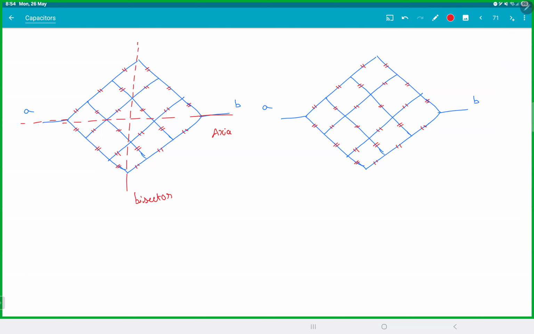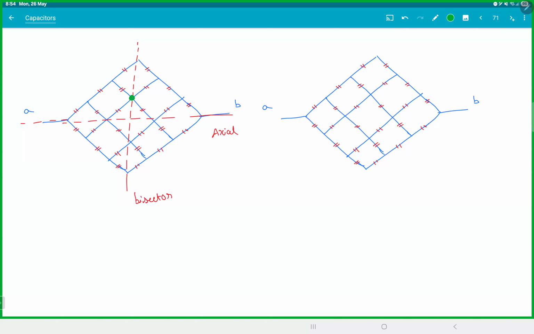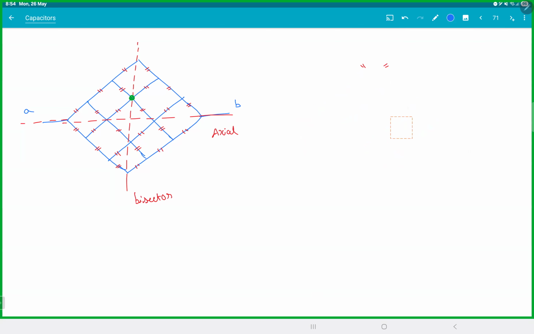So I can fold the circuit. Look at this node, I can open this node also. Then what will happen? Your circuit here, I'll just redraw this. This is how it would look.